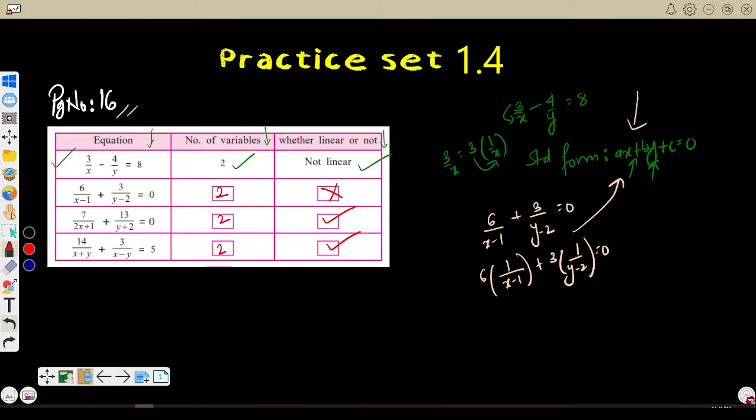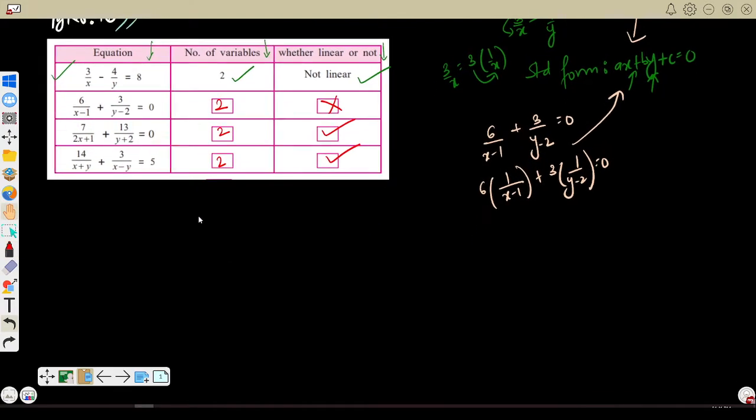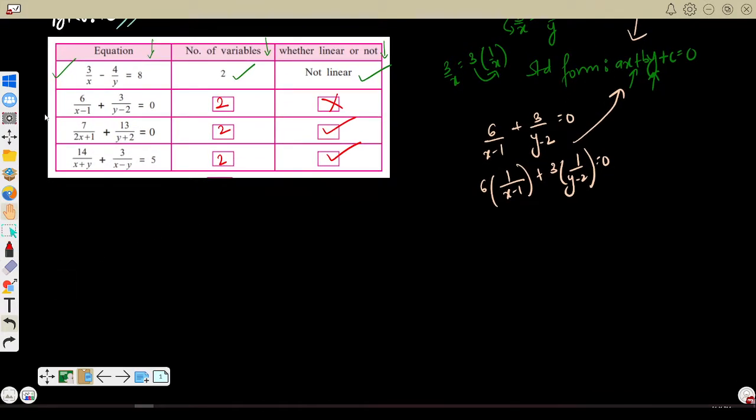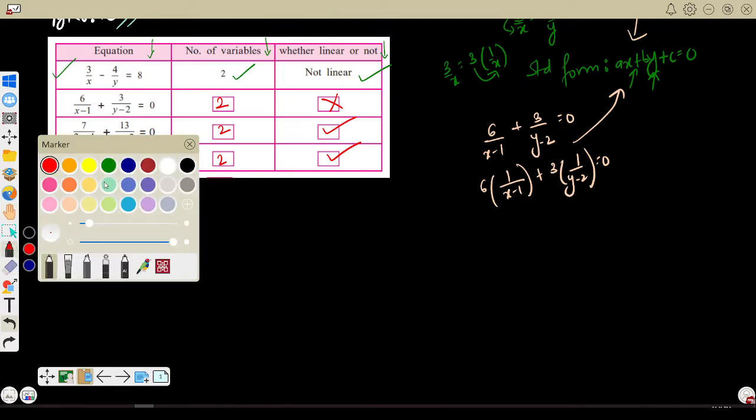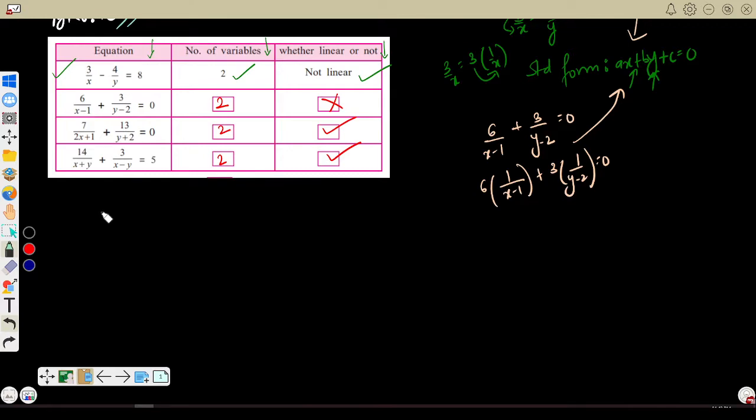Now we'll just look at how to convert a non-linear equation into linear equation. I'll take two examples from the given examples. I'll copy the first equation, that is 3 upon x minus 4 upon y is equal to 8. Now in this particular equation, I can write this equation as 3 multiplied with 1 upon x minus 4 multiplied with 1 upon y is equal to 8.